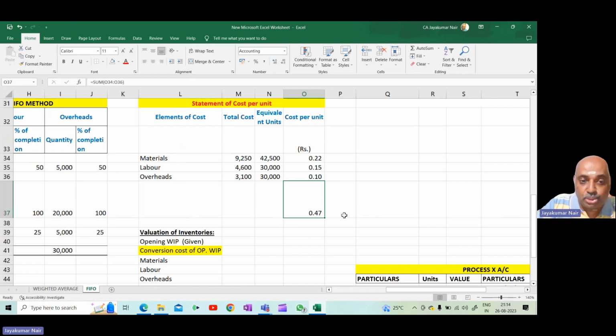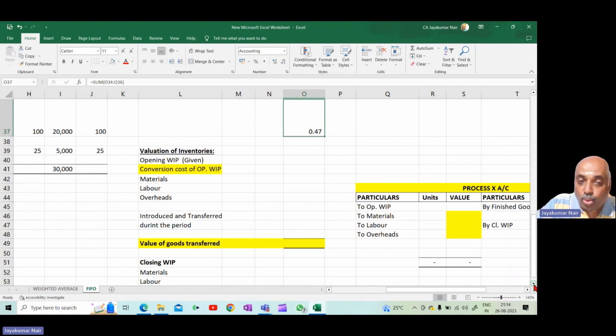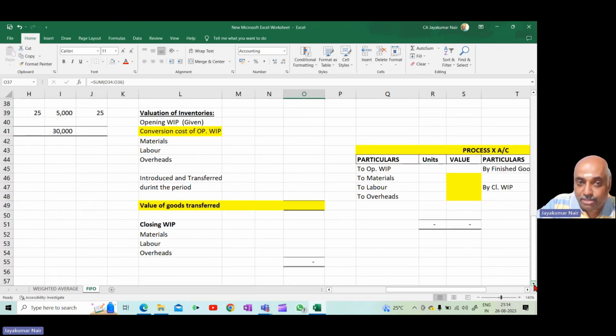Now we have to do the valuation of inventories. So inventory, we have opening work in progress, and opening work in progress we would have converted into finished goods. And there are some units which we have introduced during this particular accounting period and transferred to the next process, and the closing work in progress. So how do we do this? Valuation of inventories.